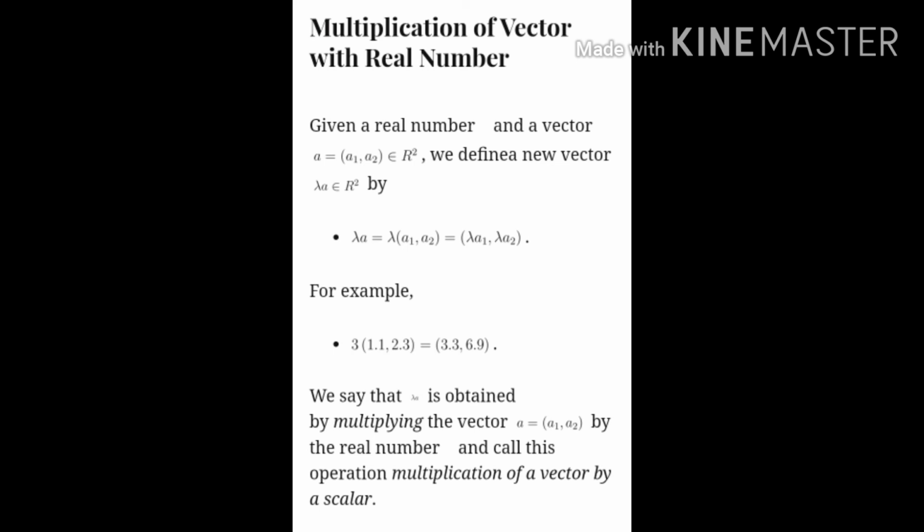For example, 3 times (1.1, 2.3) is equal to (3.3, 6.9). We say that lambda a is obtained by multiplying the vector a equal to (a1, a2) by the real number lambda and call this operation multiplication of a vector by a scalar.